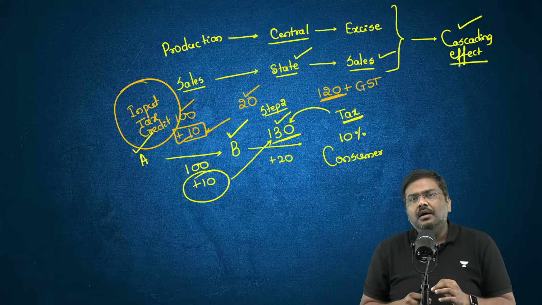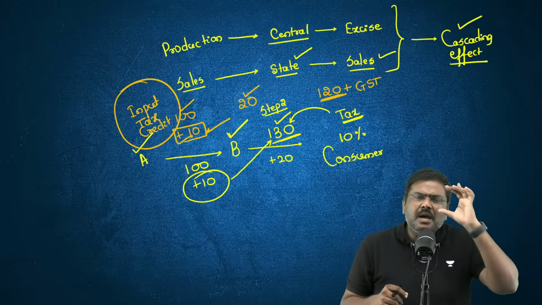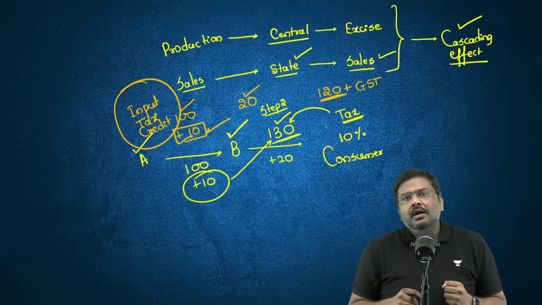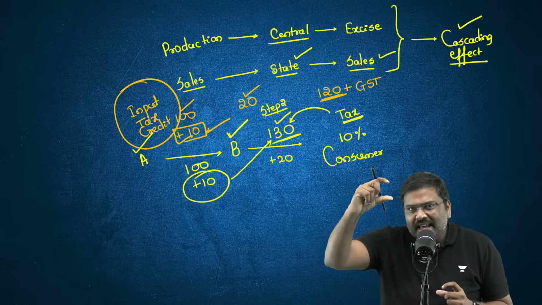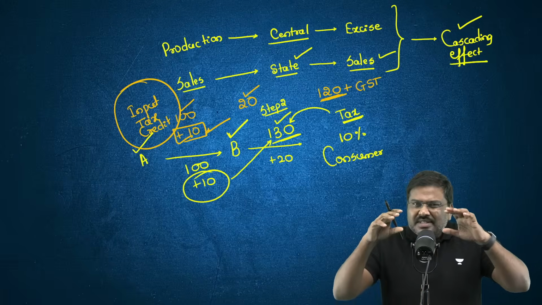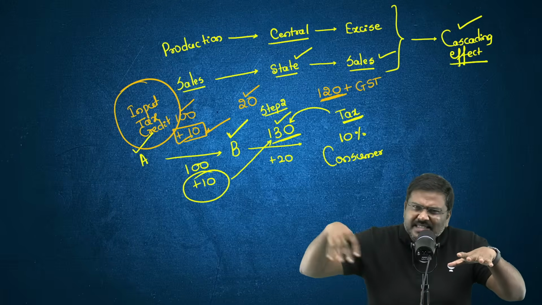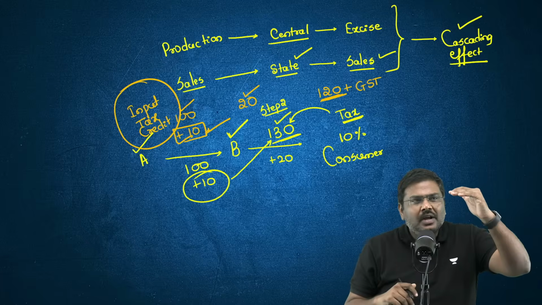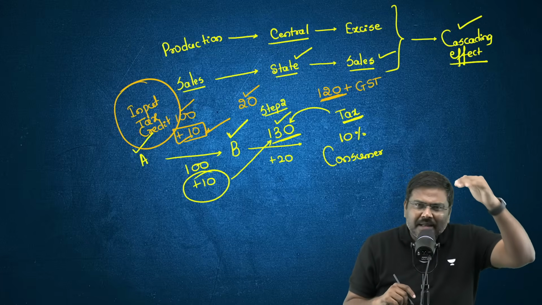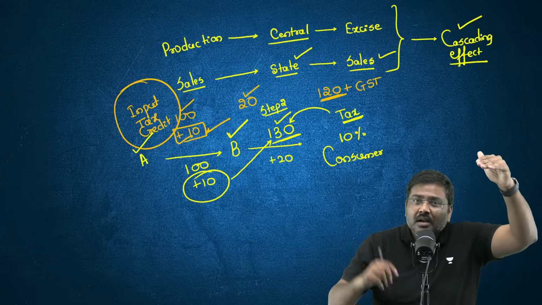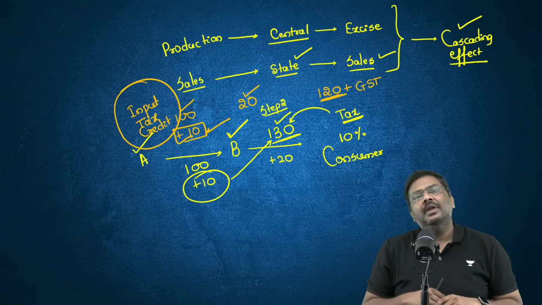I repeat, earlier multiple reforms have been implemented. For example, initially there was a sales tax. Now it was realized that there is too much of a cascading effect happening because of the taxes being implemented by the center separately and the states separately.